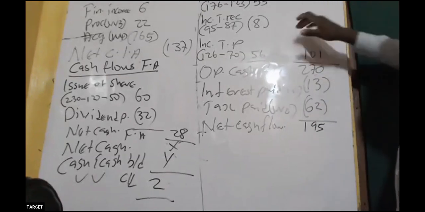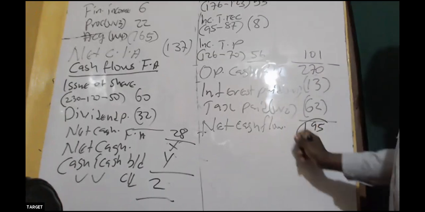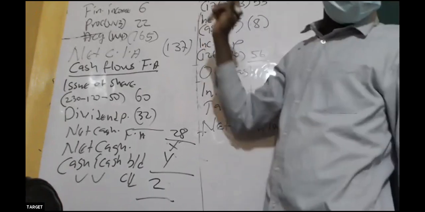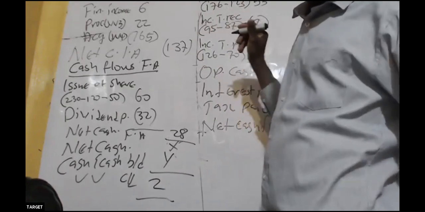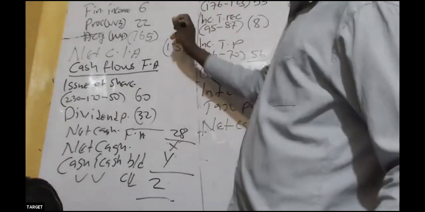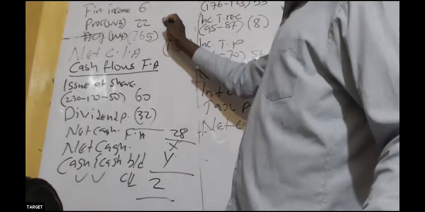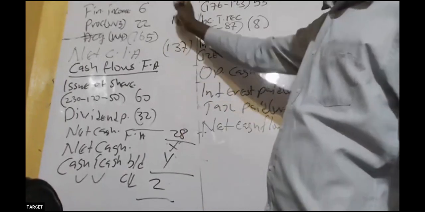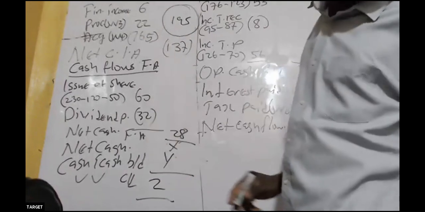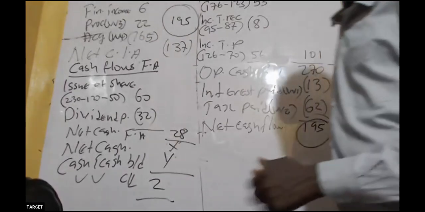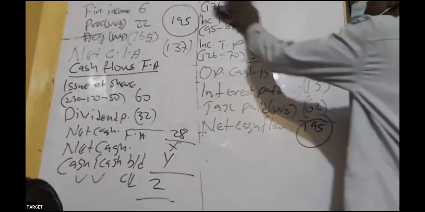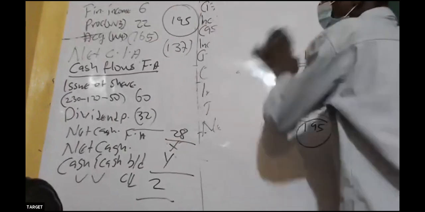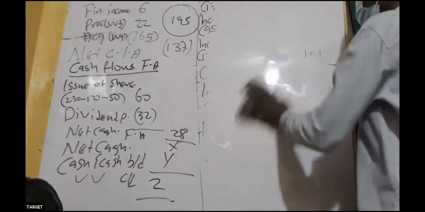Let me carry this figure here and put it just here so that when we are adding, we will remember. It's a positive figure, not negative. So I'm going to clean this side and do the computation here, the cash and cash equivalent composition.